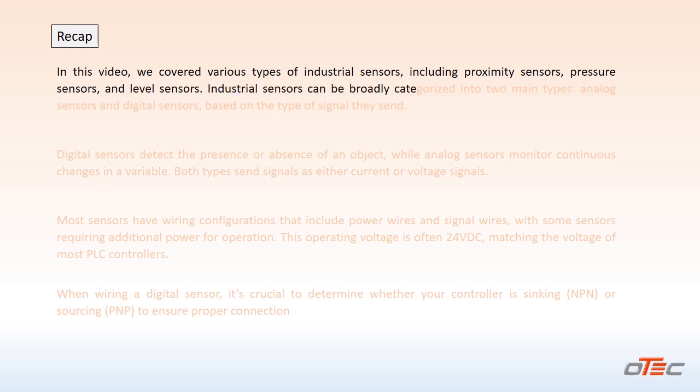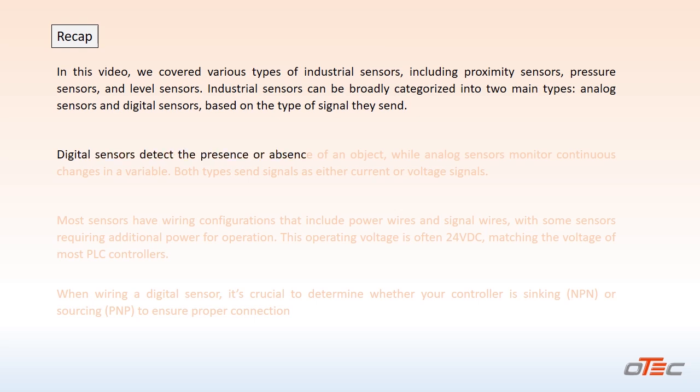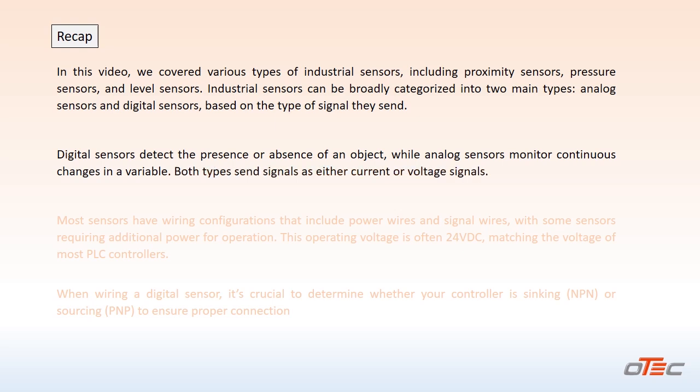Industrial sensors can be broadly categorized into 2 main types: analog sensors and digital sensors, based on the type of signal they send. Digital sensors detect the presence or absence of an object, while analog sensors monitor continuous changes in a variable. Both types send signals as either current or voltage signals.